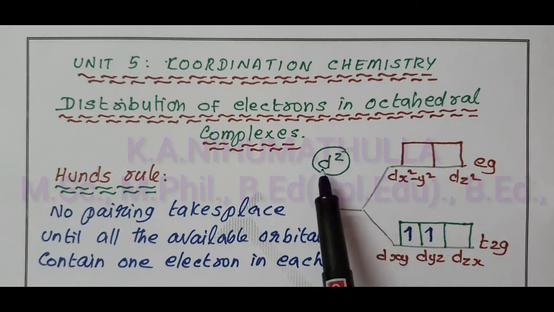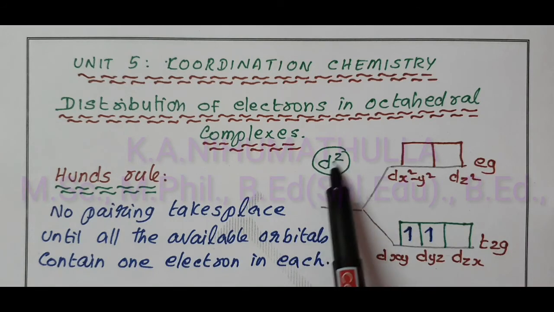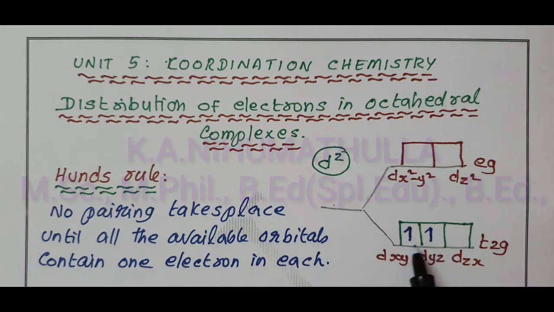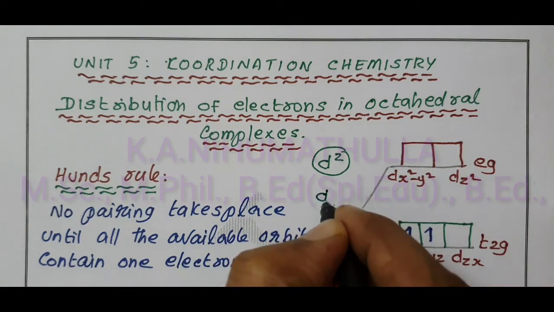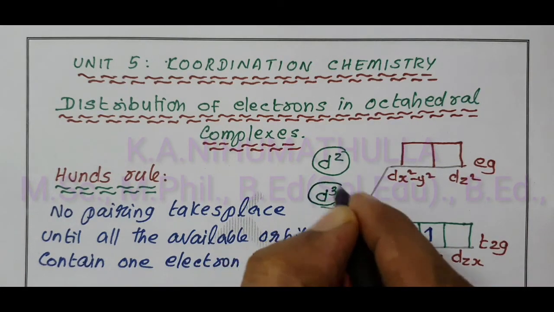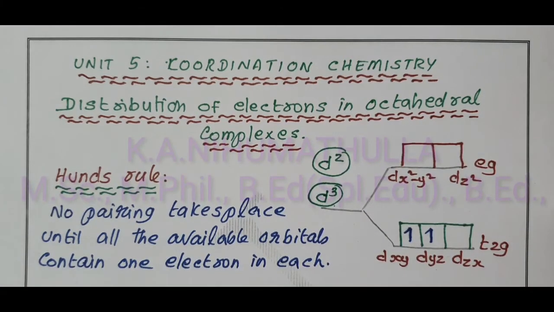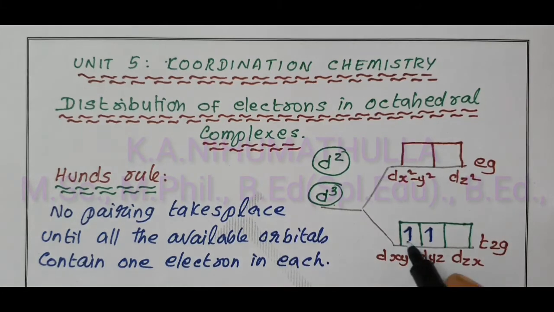If the octahedral complex has a d2 electronic configuration, these 2 electrons are filled according to Hund's rule. And if the central metal ion has a d3 configuration, the 3 electrons are filled as before, that means following Hund's rule: 1, 2, 3. There is no doubt in it.